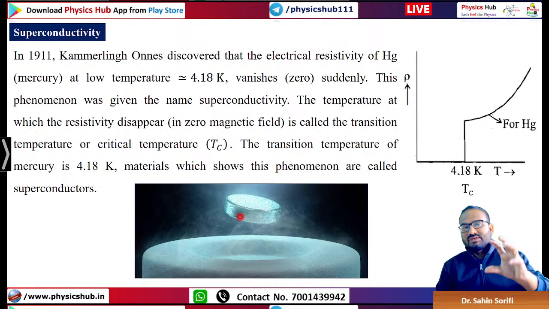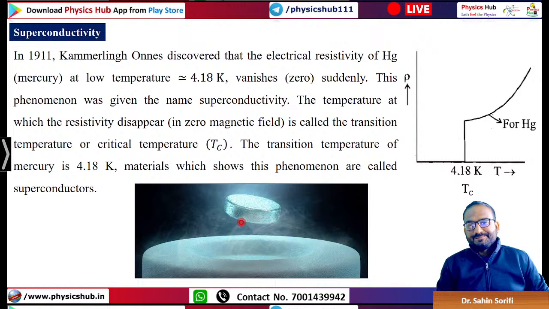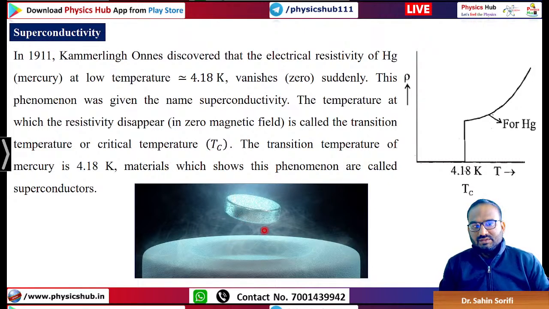If you consider a normal conductor, magnetic field lines can easily penetrate through it. But if it is a superconductor, magnetic field lines cannot go through it, and that is why you can see it levitates, because the magnetic field lines are repelled.